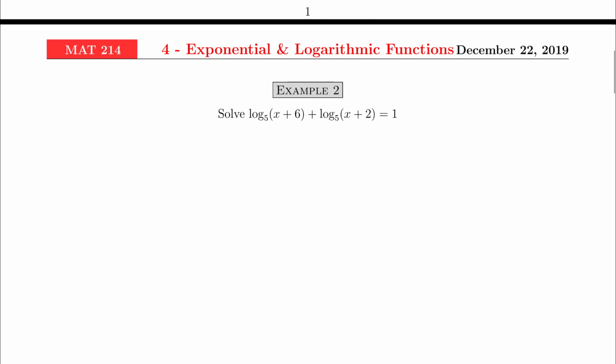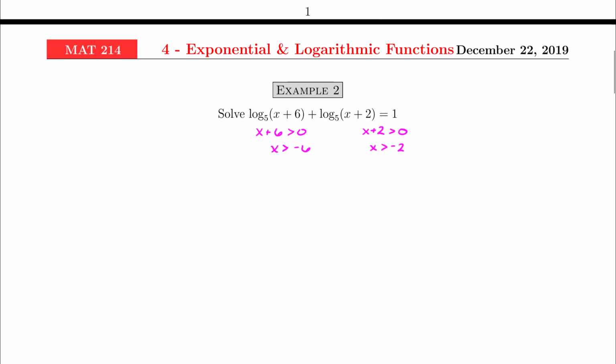So for example 2, we have this x plus 6. Remember, to check the domain of a logarithm, you always take its argument and ensure that it is greater than 0. So for x plus 6, we have x is greater than negative 6, and for x plus 2, we have x is greater than negative 2.